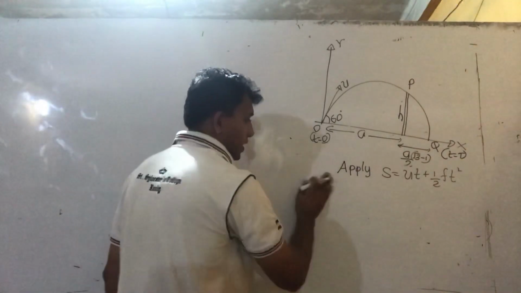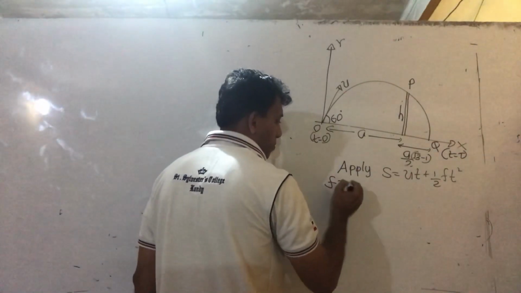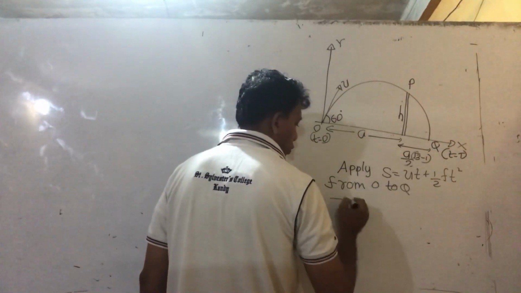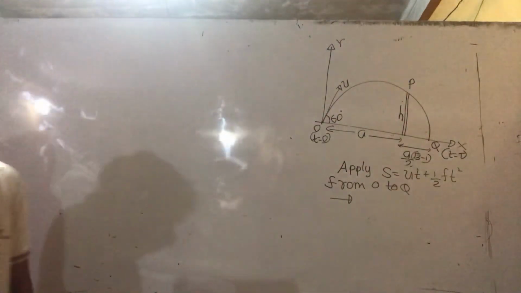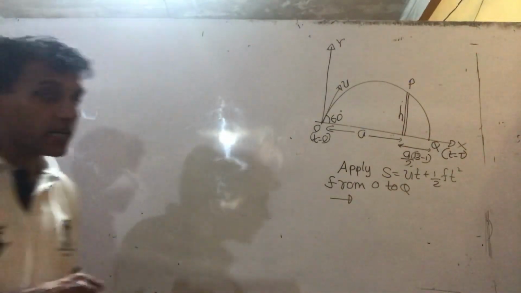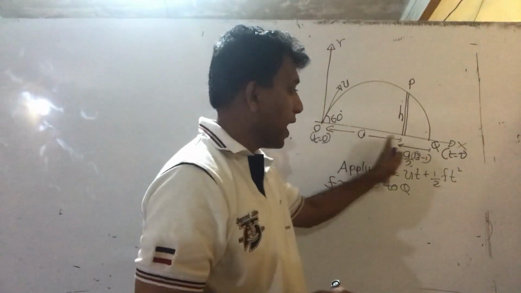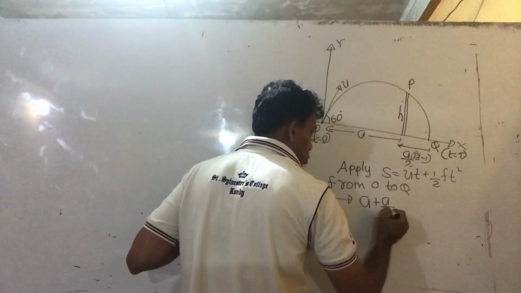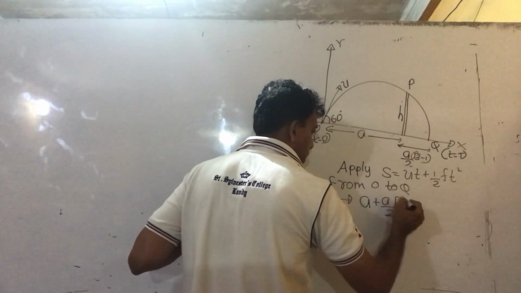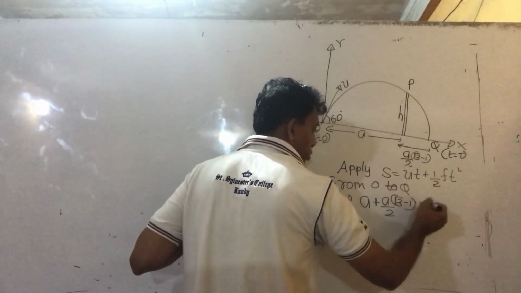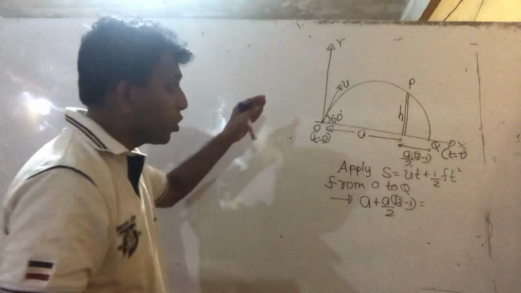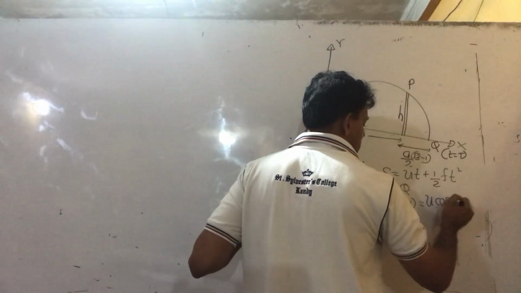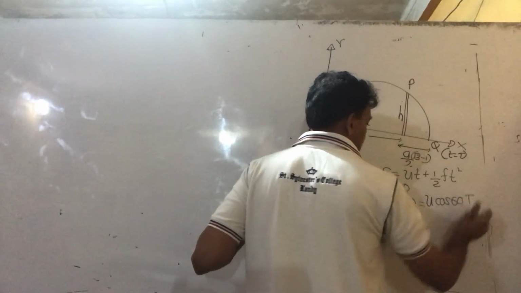If I apply from the full motion, from O to Q, I apply horizontally: the horizontal displacement a plus a by 2 root 3 minus 1 equals the initial horizontal velocity u cos 60 into capital T.